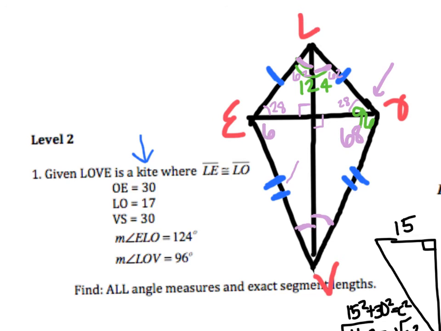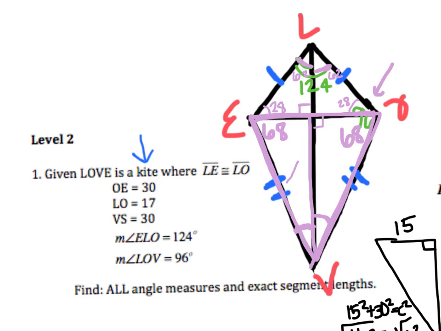And then same thing over here, because I know angle E is congruent to angle O, that's a property of a kite: the angles that didn't get bisected, those are the ones that are congruent. And then last but not least, to find these bottom angles, again, I'm going to look for right triangles down here, or I could look for the whole big triangle altogether, EOV. I know that I've got two angles, 68 and 68.